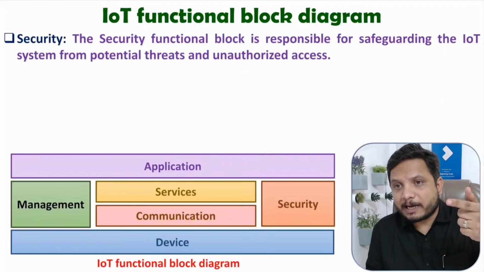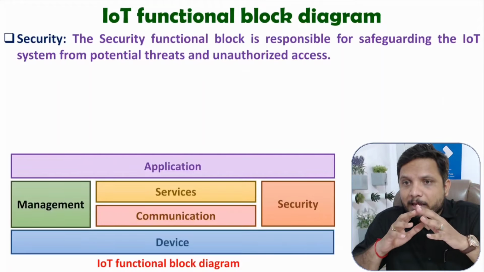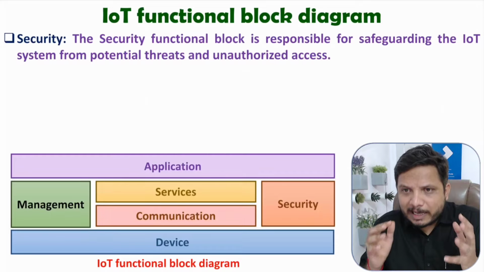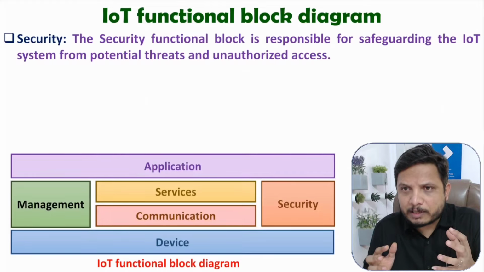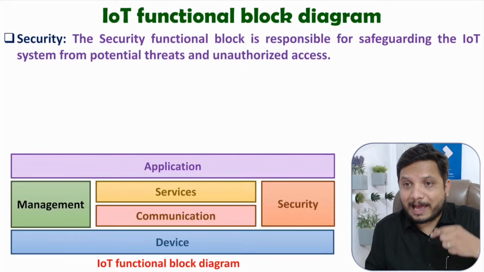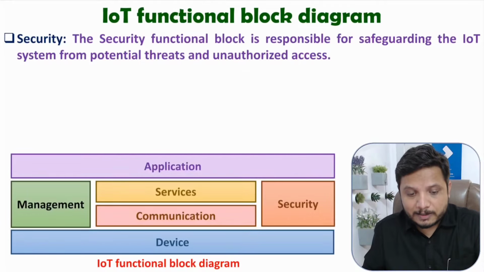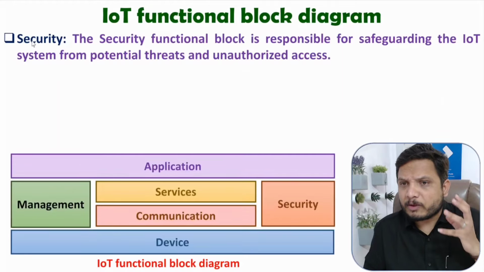When you transfer data, at that time you will be doing encryption of data, you will be doing decryption of data, right? So by authorization, by authentication, with the use of encryption, we will be safeguarding entire IoT ecosystem so that hackers cannot be a threat to the entire system, right? So security is playing very essential role.